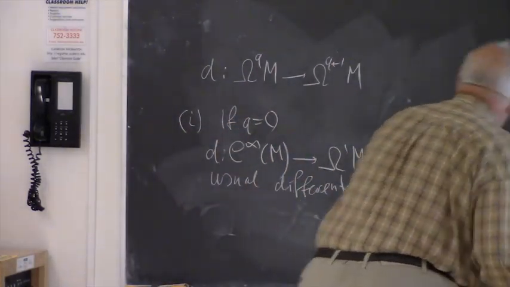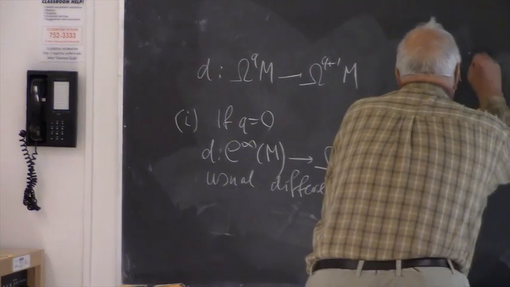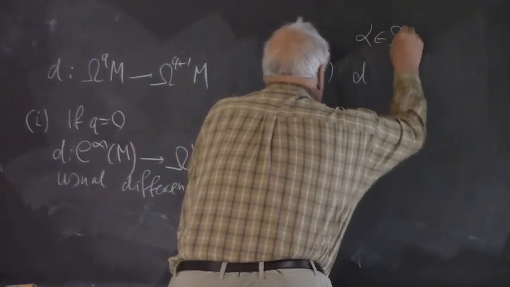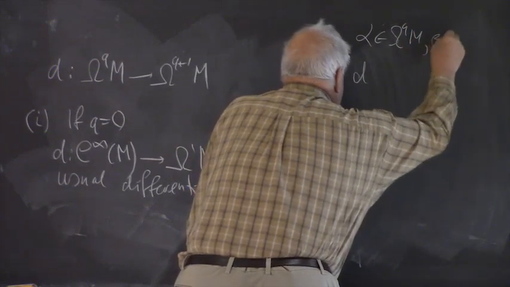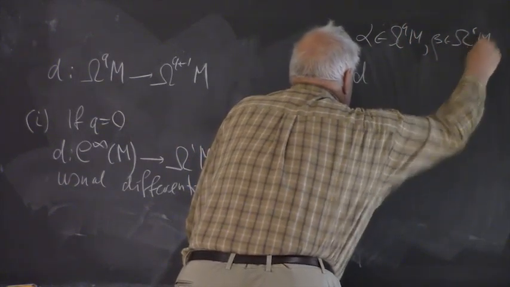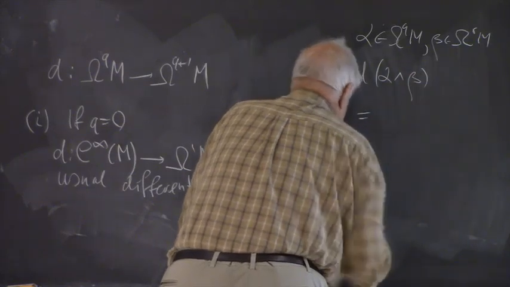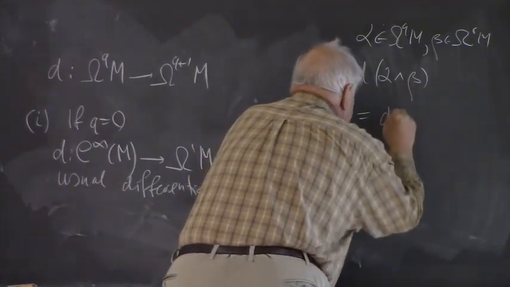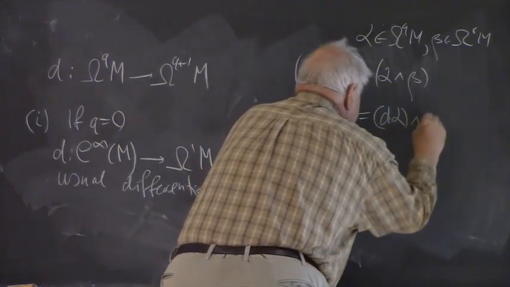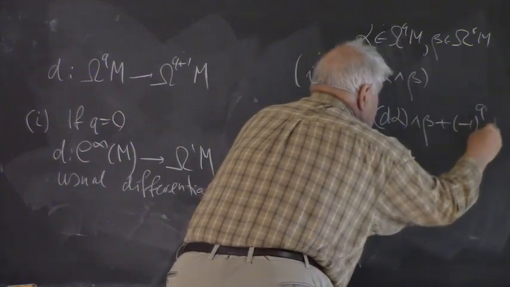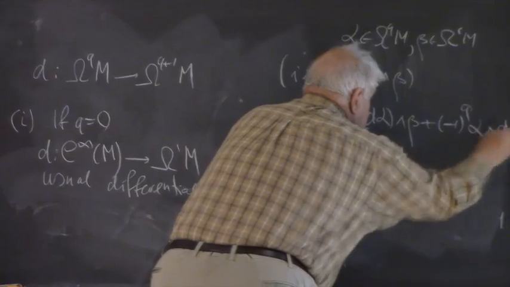Two more properties. The second one is the product rule. If alpha is in Omega^q(M) and beta is in Omega^r(M), then d(alpha wedge beta) is d alpha wedge beta plus (-1)^q alpha wedge d beta.